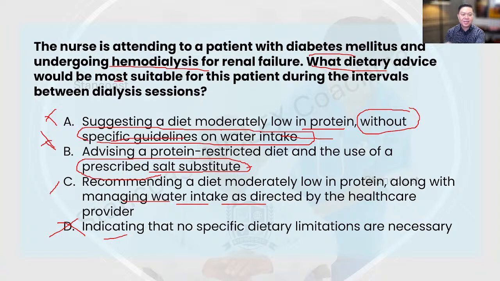And like I've said, the fluid volume, okay? So we do not want those answers that are not going to align with the management of diabetes with the renal failure. So again, letter D lacks guidance. Same thing with letter B and letter A, right?